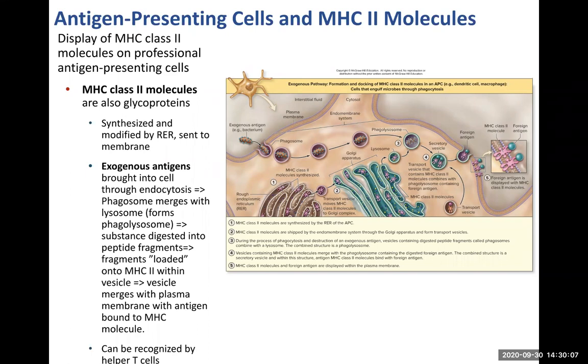So let's say a macrophage encounters a bacteria, right? Or a virally infected cell. It will gobble up that cell. So that antigen is coming from the outside. It'll pull it in and process it, specifically by having the vesicle that is formed when the cell undergoes phagocytosis merge with the lysosome, forming the phagolysosome, and then it essentially breaks down that antigen and presents it right on the surface via MHC2.